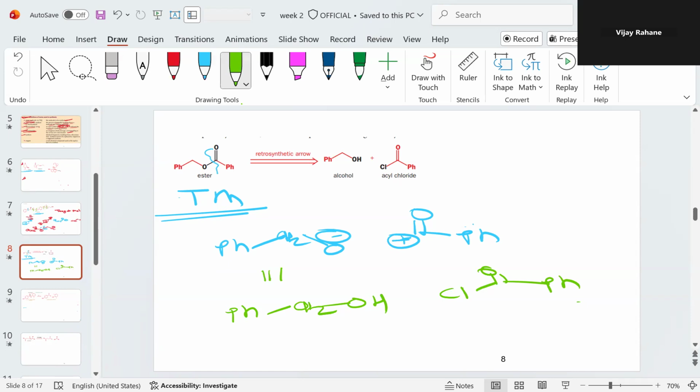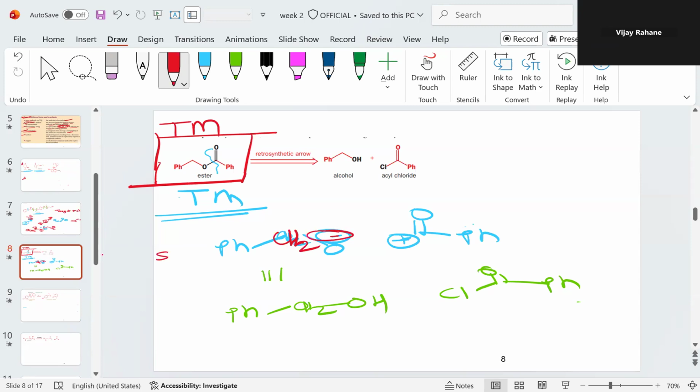So in this one, what is the target molecule? The target molecule is this part in the box. So this was our target molecule. I will draw the short form. This is the target molecule. So this intermediate step, this CH2O negative, is the synthon, and this is the synthetic equivalent of this synthon.